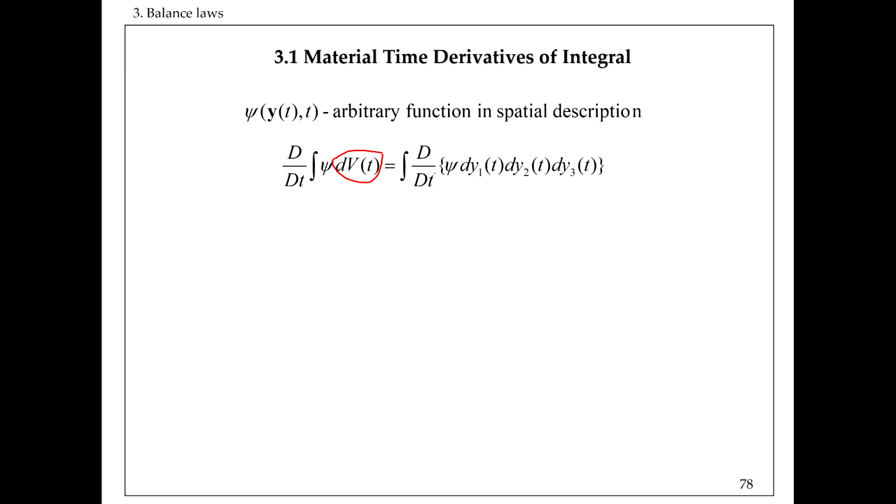So we need to take this into account. We write this dv t more explicitly as the multiplication of dy1, dy2, and dy3. Just to remind you, this is the volume element in the deformed or current configuration, our spatial description.